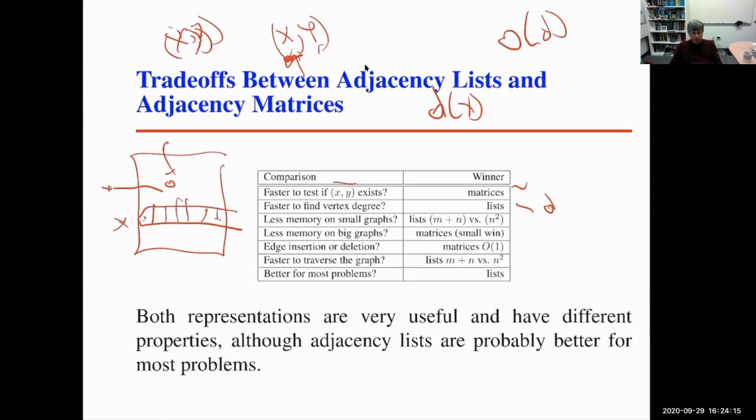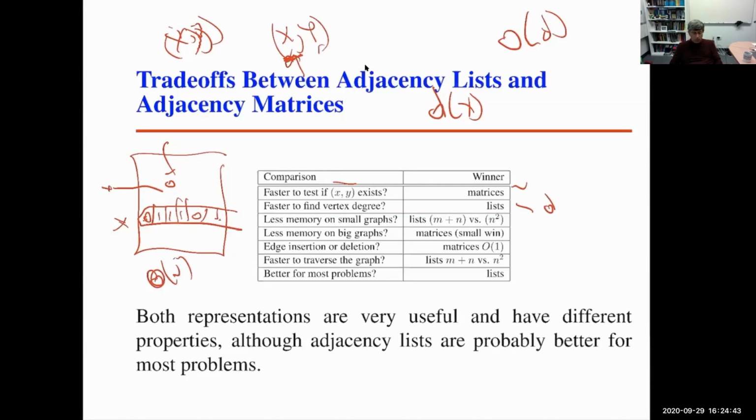If so, I bop my count. If it's a 0, no. If it's a 1, bop my count. Bop my count. Don't bop my count. Does everybody see that in an adjacency matrix, it would be order n to find the degree? So if I want to find the degree of a vertex, it's faster on a list. Any questions?